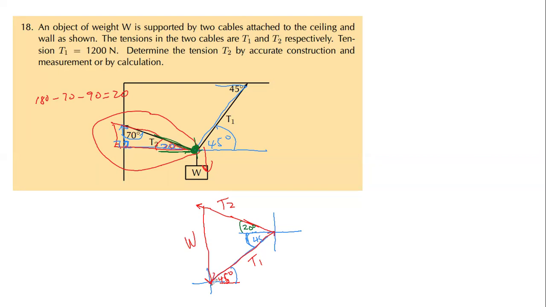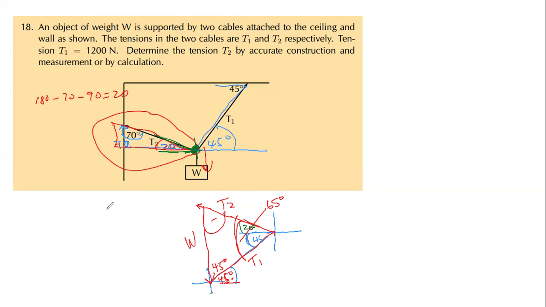All right. Since this one went straight down, obviously this angle here is going to be 45 as well, same as this one. Then the whole angle here is going to be 65 degrees. So now I'm done with my triangle. What I'm left with is getting this angle here.